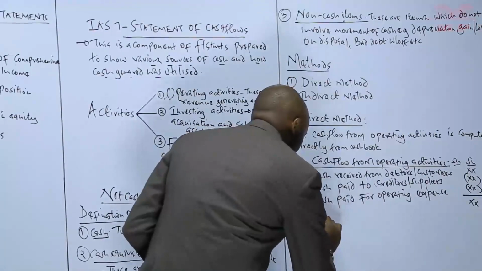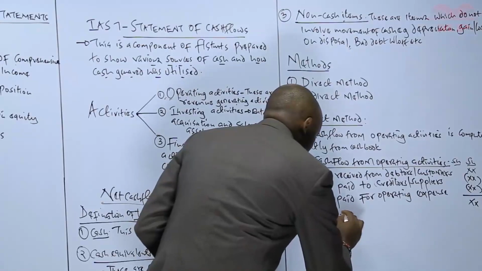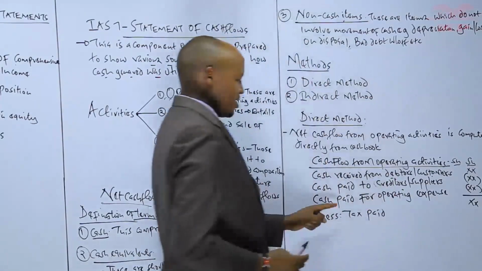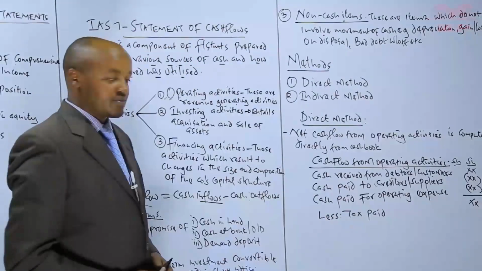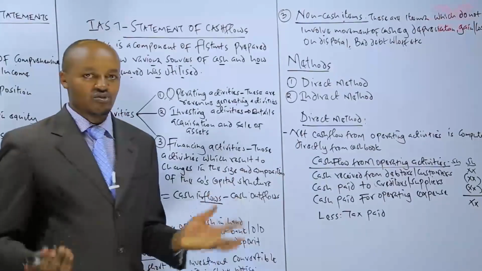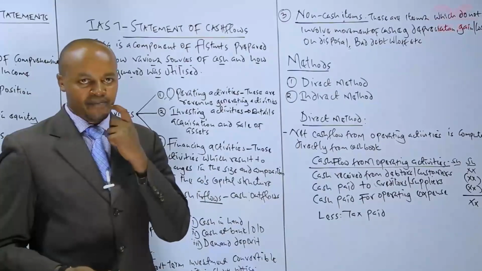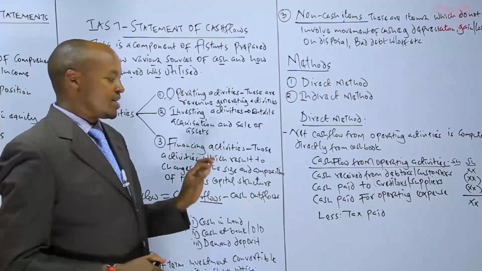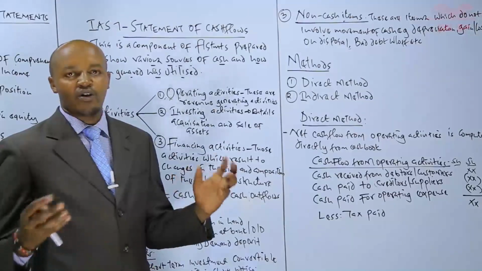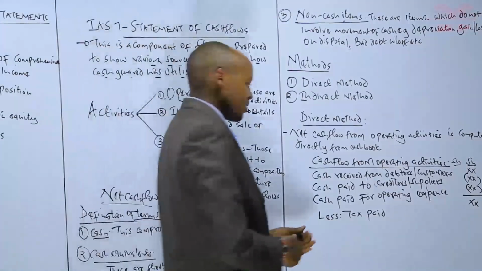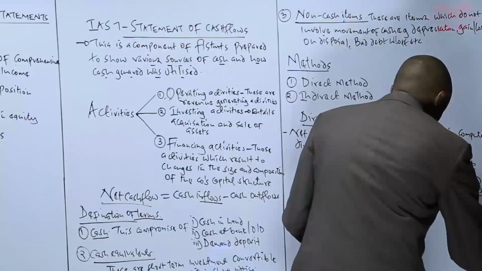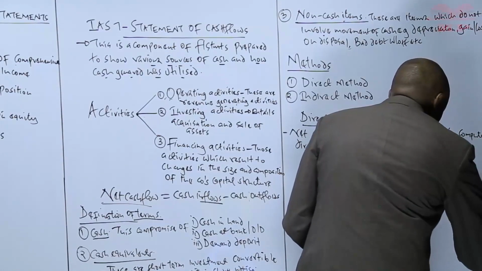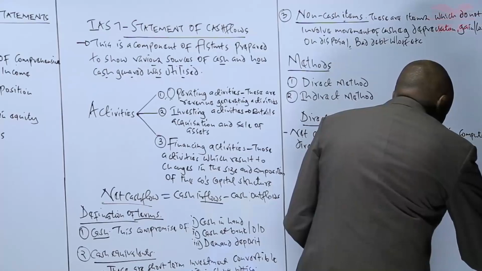Once we have the net amount, we proceed and we less the tax paid. The reason why we deduct the tax paid is because, if you can remember the topic of income taxes, we say that the tax should be paid from the operating profit. So we less that. We less tax paid, and the tax paid is still a cash outflow.